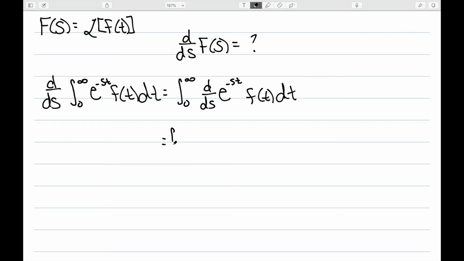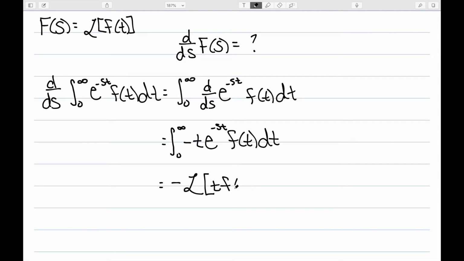The only term that depends on s is this e to the minus st. So my derivative would be negative t e to the minus st times f of t. Well, this is negative times the transform of t f of t.